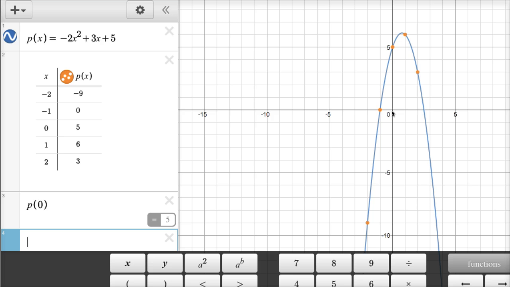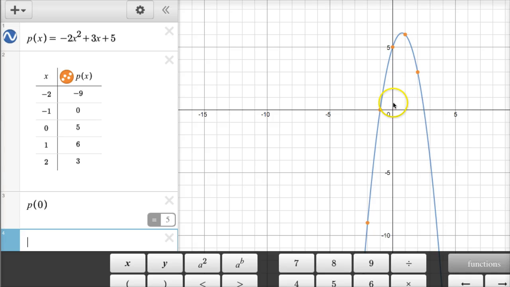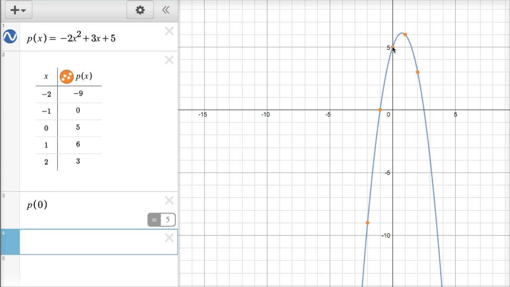Remember what we just said that represents: P of 0 is the y-coordinate for when x is 0. So let's find the point where the x value is 0. If I look up here on my graph, the y-coordinate, or y value, is 5.